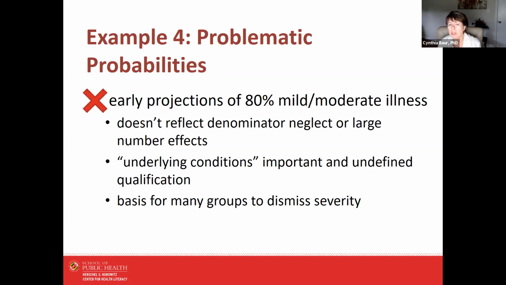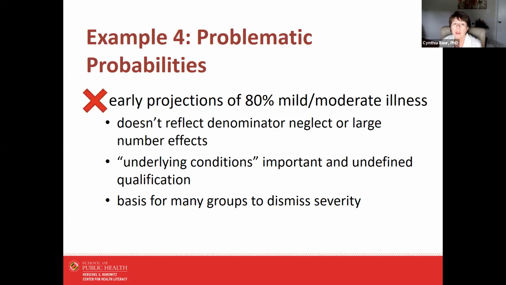What conditions are they talking about? People were very uncertain about what these underlying conditions represented, yet this was supposed to be an important clue to help us understand the likelihood that we might be in a higher risk category. If we had one of these underlying conditions, we were supposed to have a heightened sense of concern because the odds, the chances, the probabilities were such that we might have a worse experience with the virus.